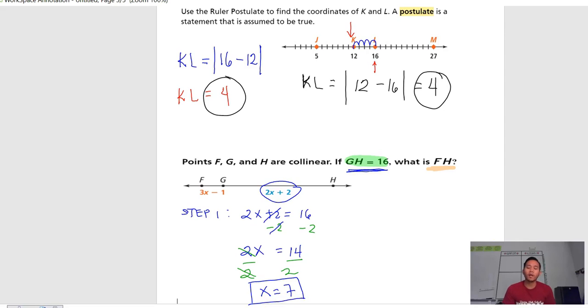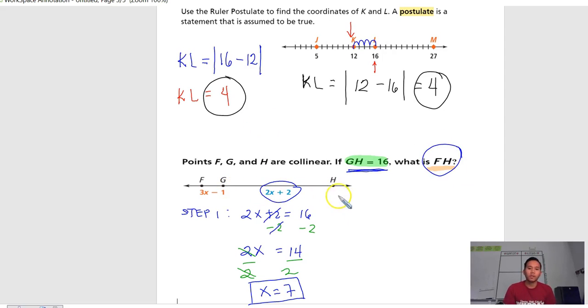So we already have the value of x, which is very important in this case, because we really need the value of x so that we can solve for the value of FG, and then we add it together with GH, so that we'll find the measurement of FH.